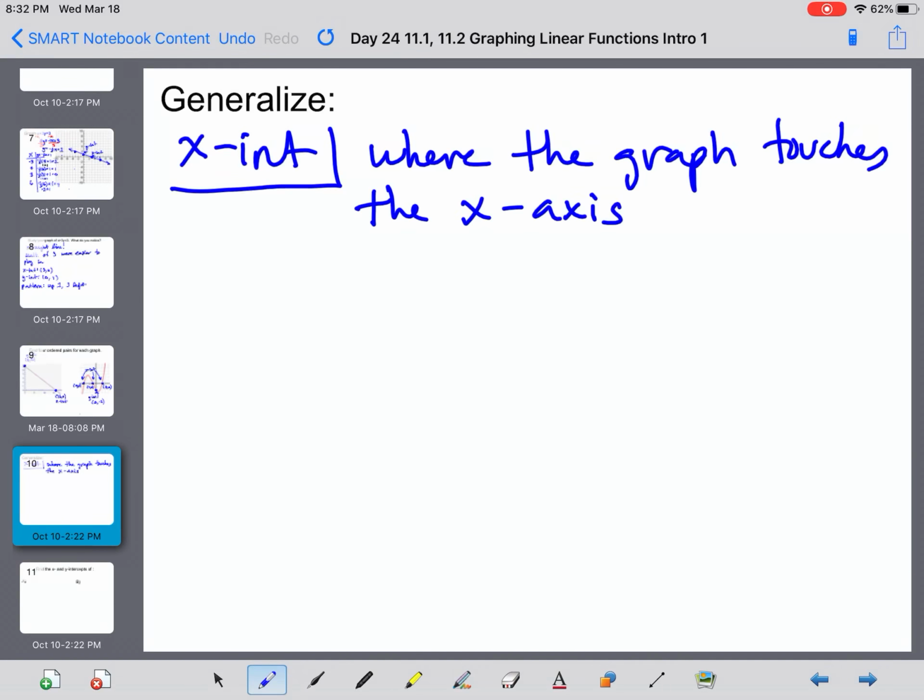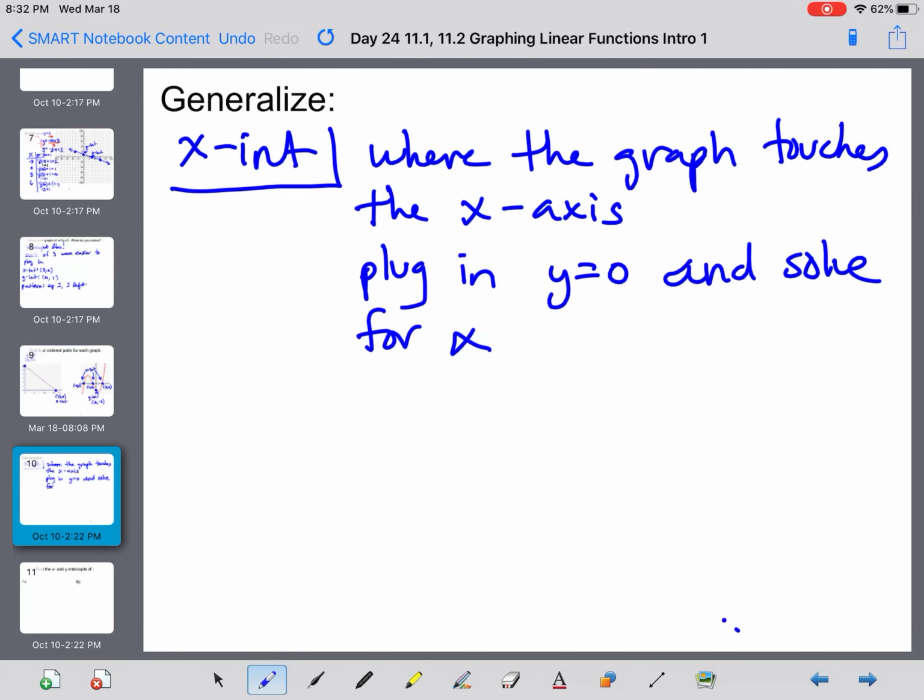Whenever you touch the x-axis, your y value is going to be 0. So we're going to plug in y equals 0, and you can solve for x. As an ordered pair, this is going to look like (something, 0), because you're going to find out what the x value is when the y value is 0.